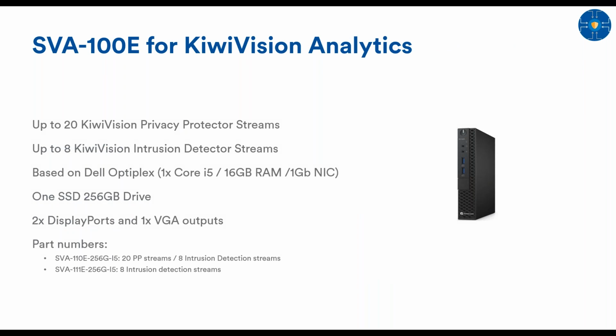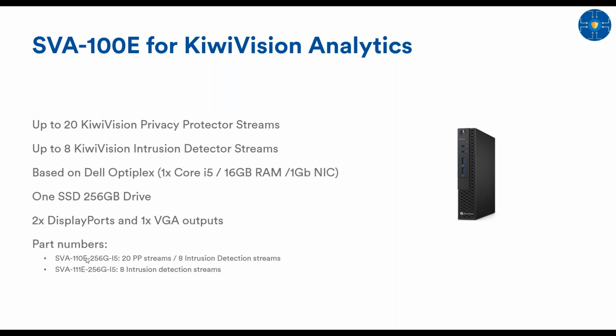So here's a closer look at the SVA 1100E. Remember again, the A for the analytic. This is a small form factor that is made from a Dell Optiplex. So it's an i5 with 16 gigs of RAM. This is more processor and RAM than the all-in-one, like I was telling you before.